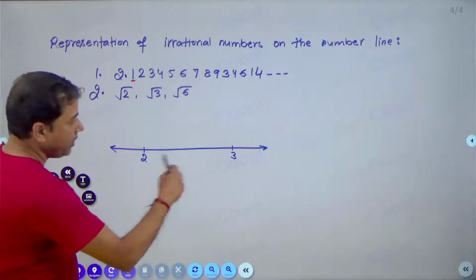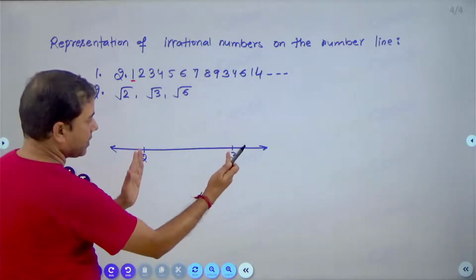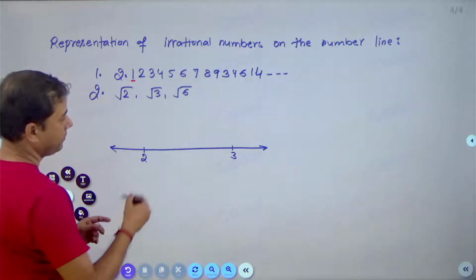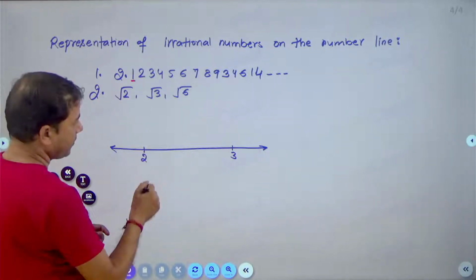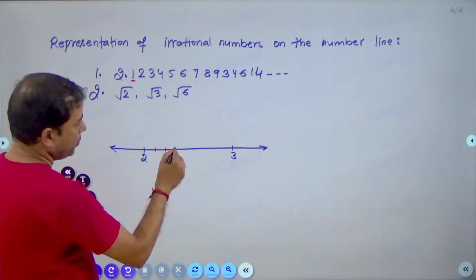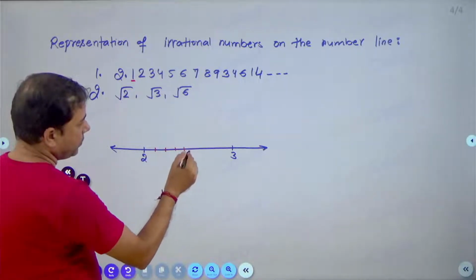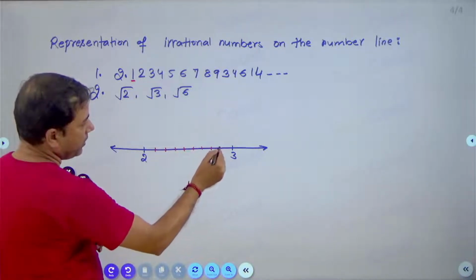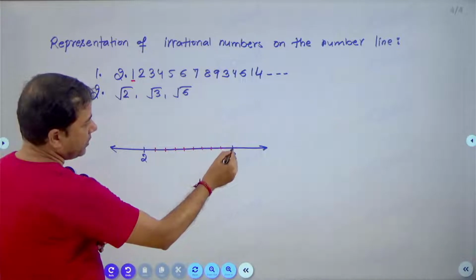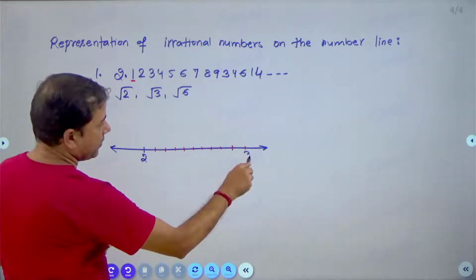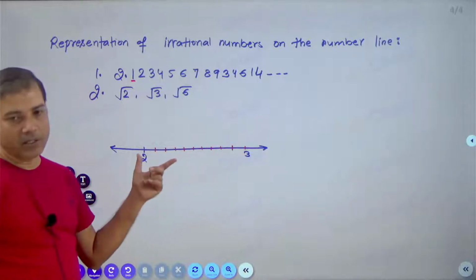So if we divide this distance between 2 and 3 in 10 equal parts, 1, 2, 3, 4, 5, 6, 7, 8, 9, 10. Here is 3. I have divided it in 10 equal parts.